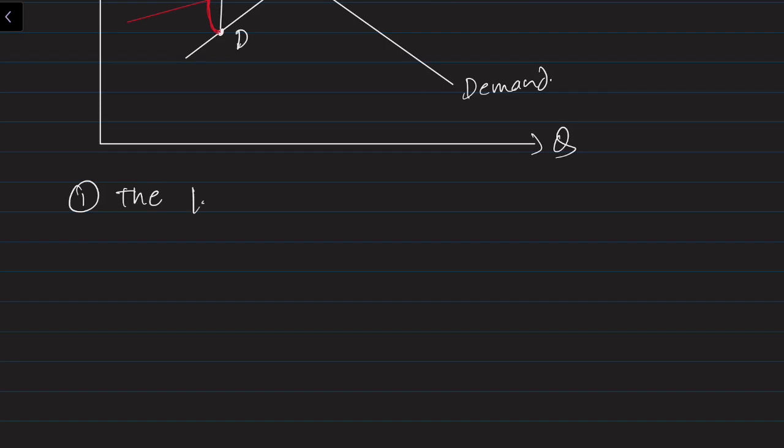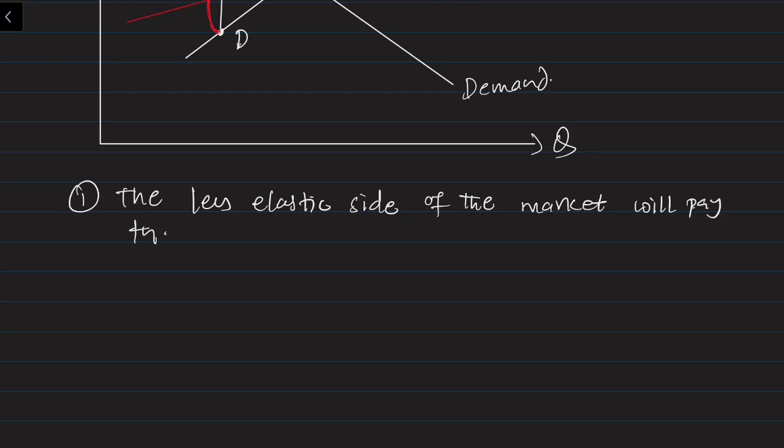The less elastic side of the market will pay the greater share of the tax. If the curve is more elastic, there will be less burden on that buyer or seller.